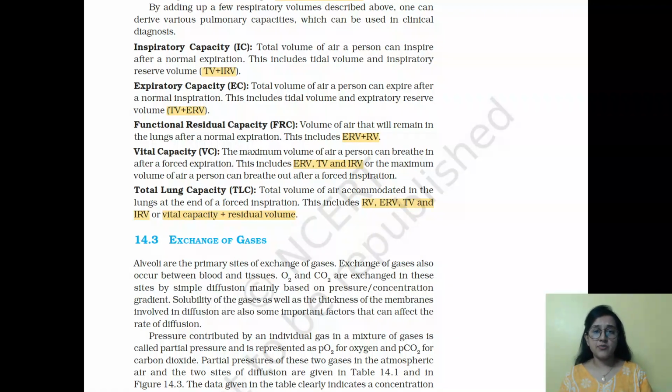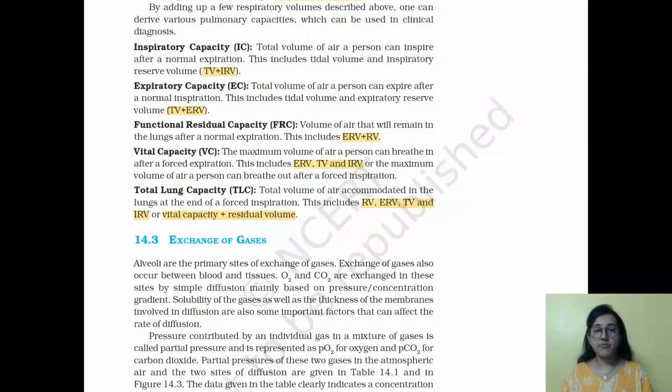After a normal expiration, we can do a forceful expiration. So in a forcible expiration, the amount of air that is expelled from the lungs is expiratory reserve volume, and after a forceful expiration, the volume of air that remains is residual volume. So adding these two, we get the functional residual capacity.